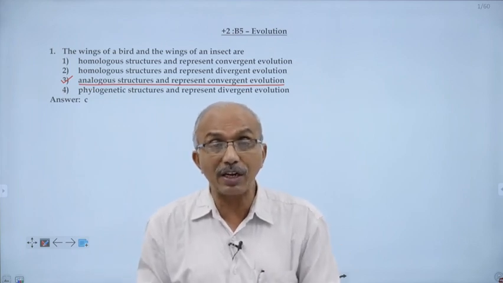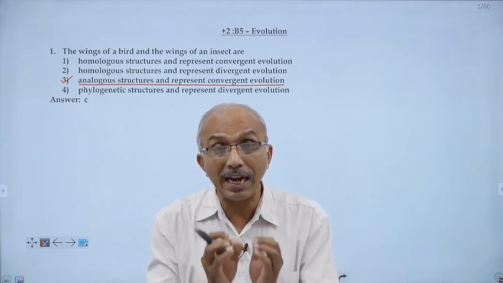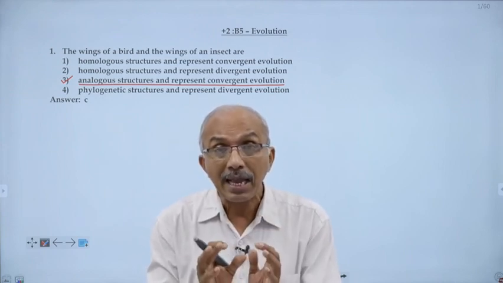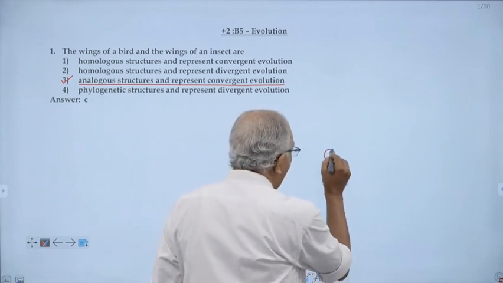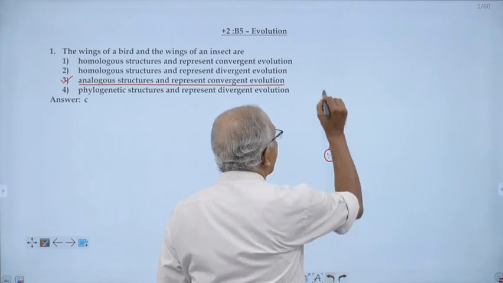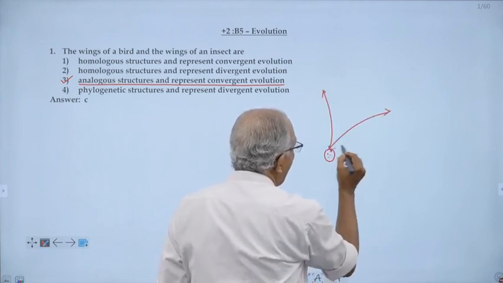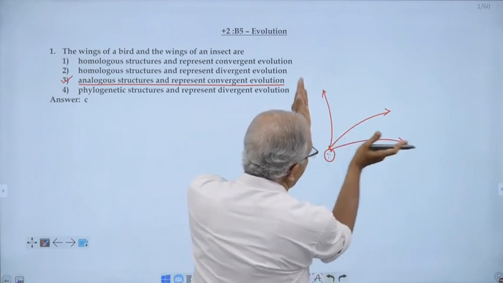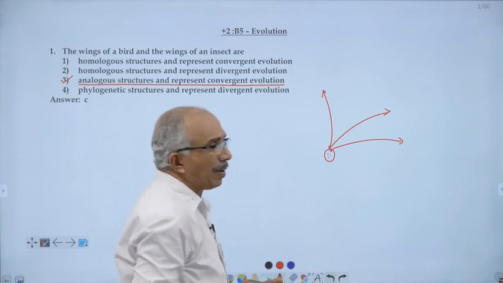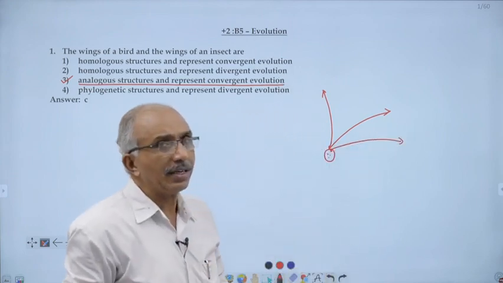What is divergent evolution? In divergent evolution, the organisms have common ancestry, and from a common ancestor they evolve, but during the course of evolution they diverge into different habitats.